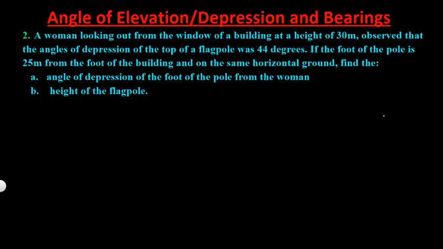So in this case, we may say the building, the woman is standing, or from the window through which she's looking. Let's take it as this, and that is said to be 30 meters. And there is another flagpole in front of which the woman is looking.